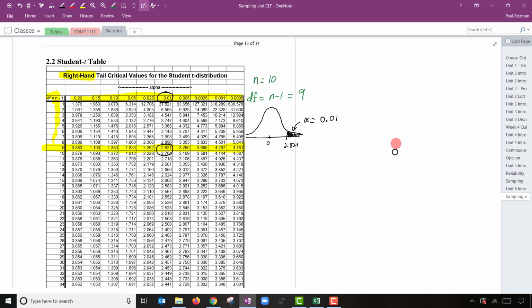So now that we can read that table, if we're in Excel, we can use t.dist.rt, and it'll give you the area to the right of 2.821. And you have to tell it how many degrees of freedom.